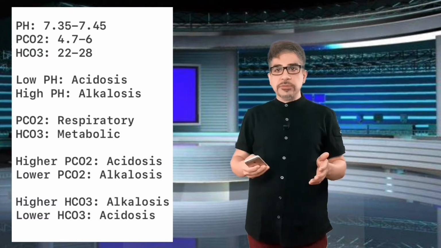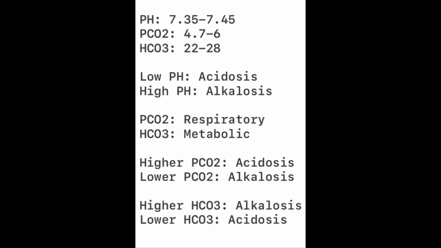Higher pH means alkalosis. PCO2 is the respiratory component. Bicarbonate is the metabolic component. Higher PCO2 causes acidosis. Lower PCO2 causes alkalosis. Higher bicarbonate causes alkalosis. Lower bicarbonate results in acidosis.